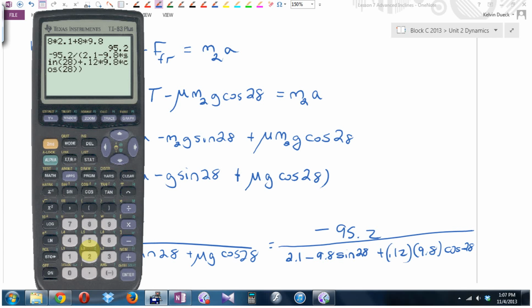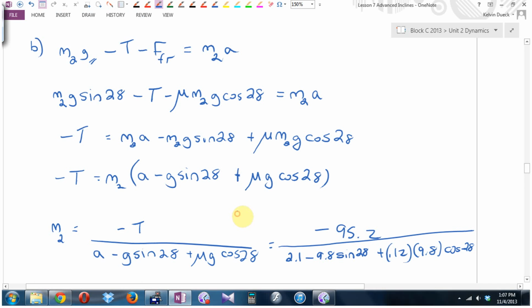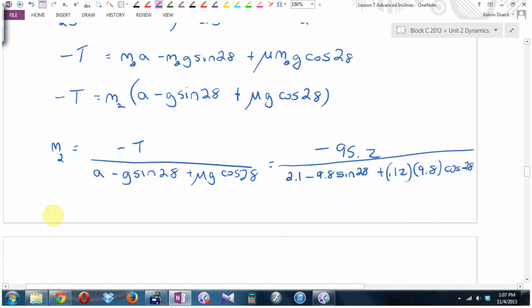Negative 95.2, this is lots of typing. Sine, I think, to get a mass of 65.1. Woohoo! Oh, mass. Units, don't you dare say newtons. Kilograms. I almost started to write newtons, I was so used to it.